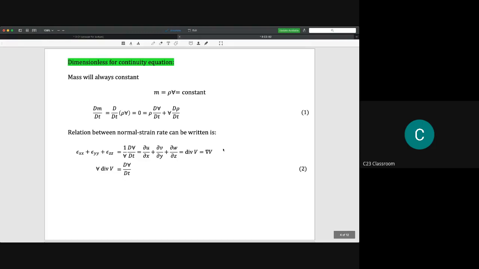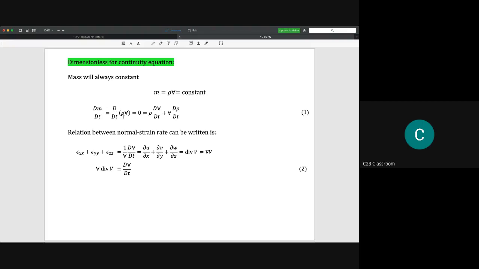Okay, and then we try to make the calculation of the dimensionless parameter with our continuity equation and also our Navier-Stokes equation. So for example, this is the continuity equation that we learned previously. The idea is mass can be written as rho times volume, and it must be constant. So we write dm over dt, and then we substitute the m.